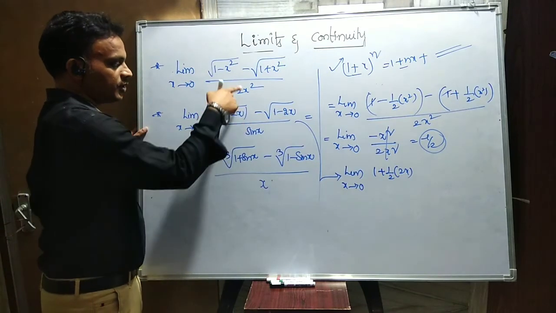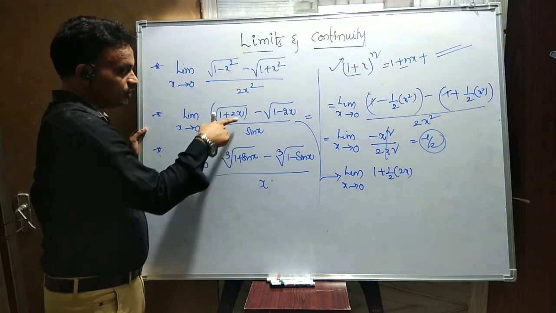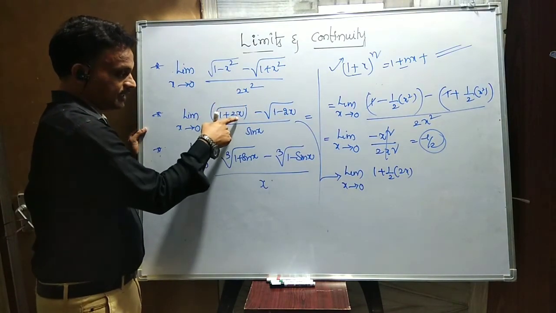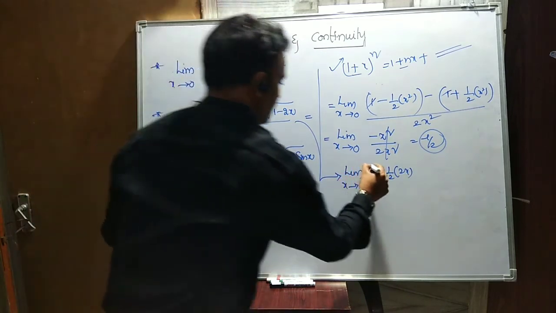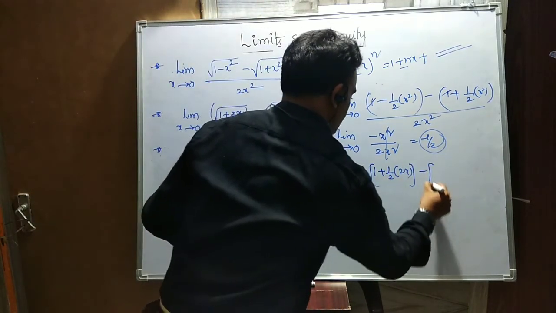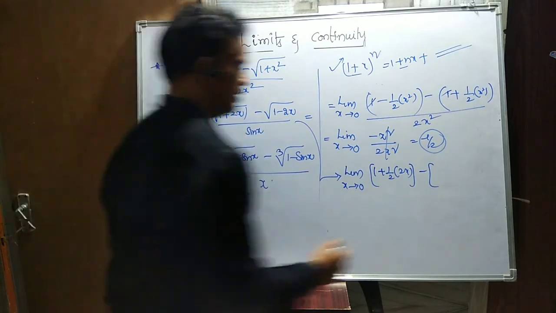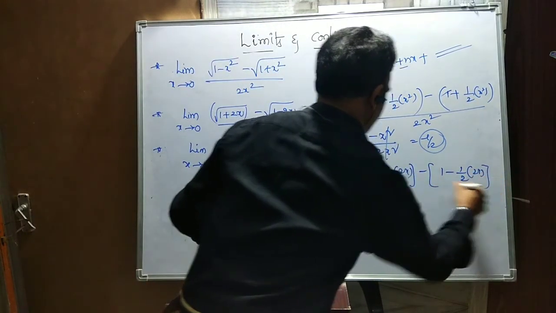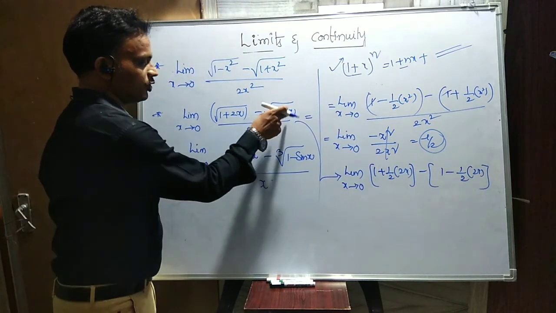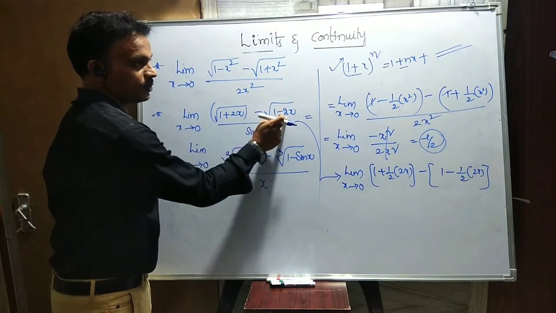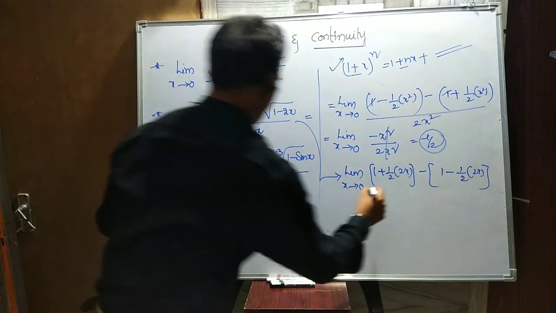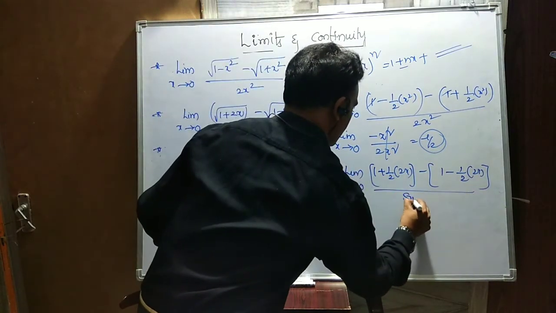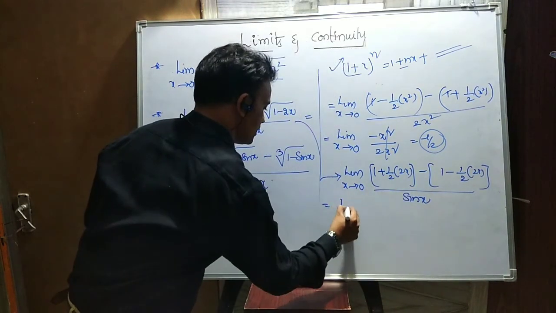This is raised to the power of 1 by 2, 1 by 2 into 2x, nx. Okay. Yes. And minus of, and what about this one? 1 minus 1 by 2 of 2x. Am I right? 1 minus x whole power 1 by 2, 1 by 2 into this term. Okay. Yes. By this is sin x. Can you see that next one?